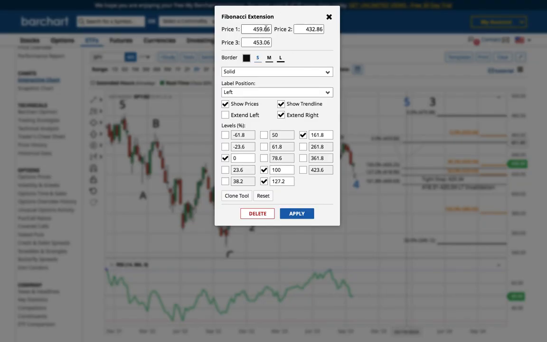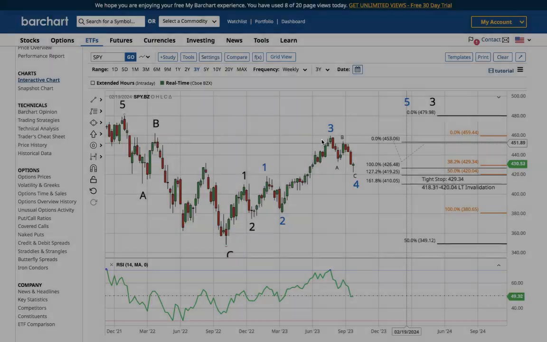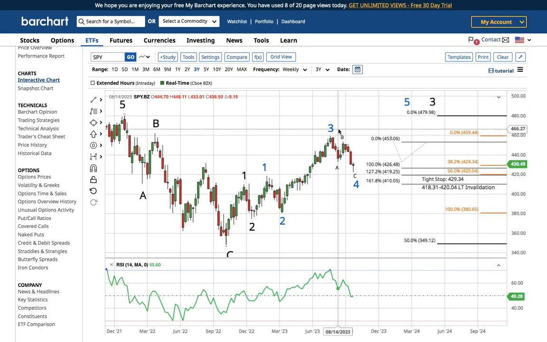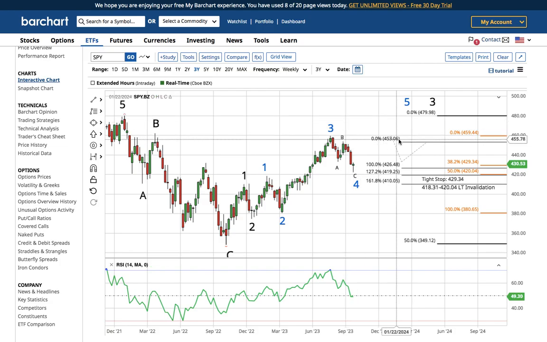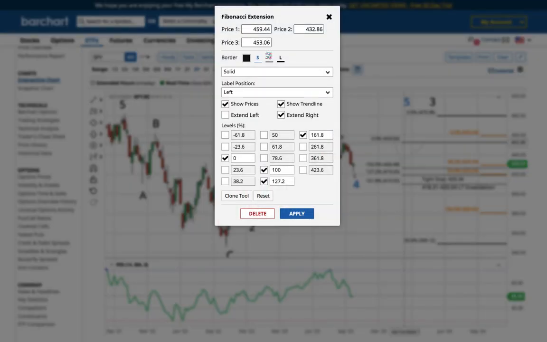I'll see a number pretty close, I'll just go make it perfect. This wave A ended at 433.01, and wave B ended at 453.67.